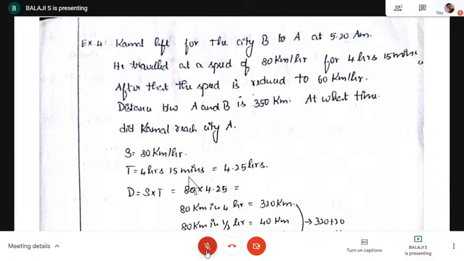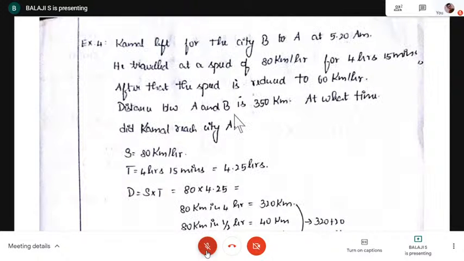After that the speed is reduced to 60. The word 'to' is very important, as we discussed earlier. Reduced to 60 means you should not subtract; the speed of 80 kilometer per hour is reduced to 60 kilometer per hour, and now he is traveling at 60 kilometer per hour. The distance between city A and B is 350 kilometer. At what time did Kamal reach city A?